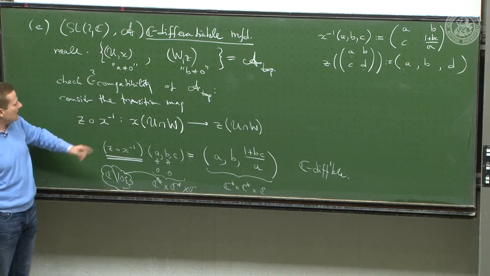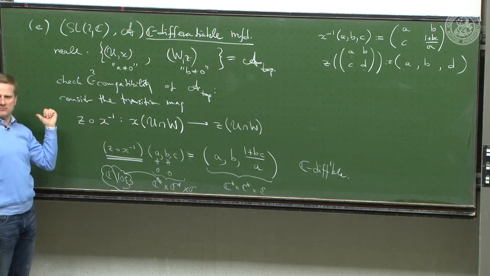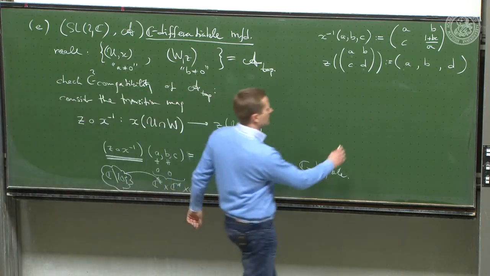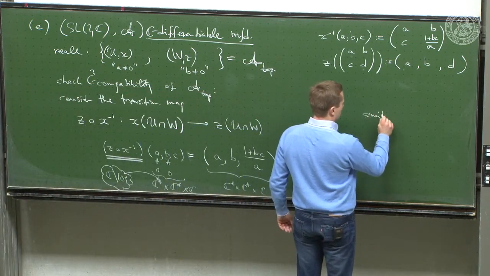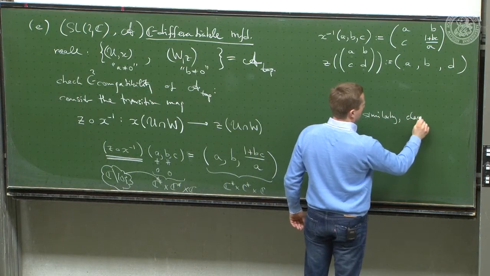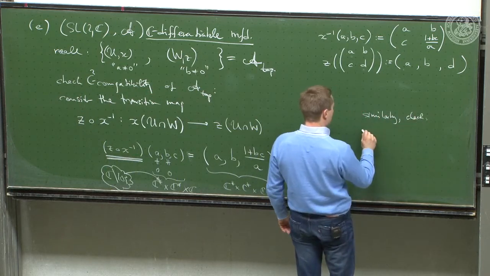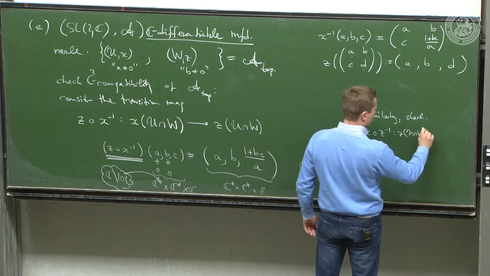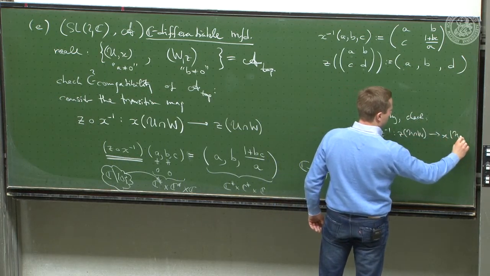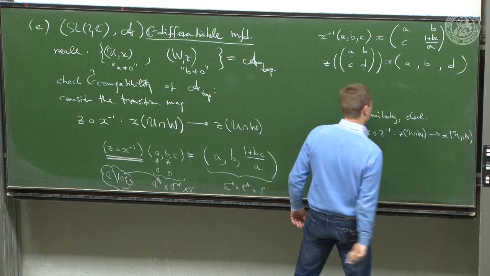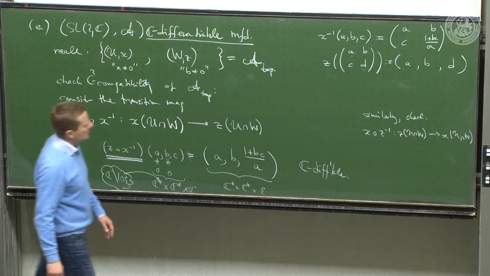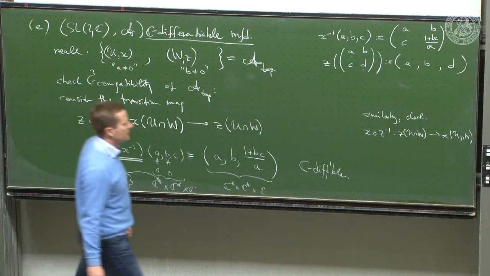Well, that's one transition map. There are only 2 charts, but don't forget, you also need to go backwards, okay? So we also need to check, similarly, that the opposite transition map, x after z inverse, from z of U intersected W to x of U intersected W, which you also need to construct, is also C differentiable.